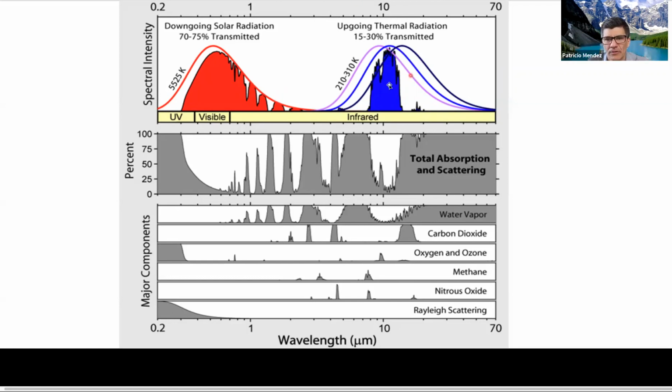And at 10 microns, we have a problem because water vapor is not transparent to radiation at that wavelength. So here you have the absorptivity of water vapor, and it's killing all these wavelengths that should have come out at room temperature. You see water vapor here.